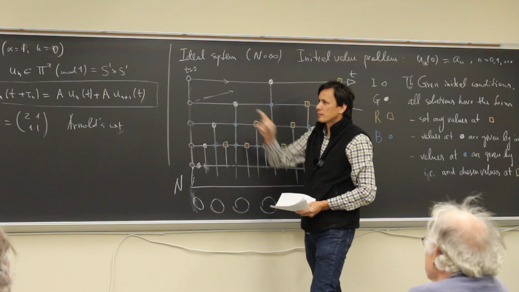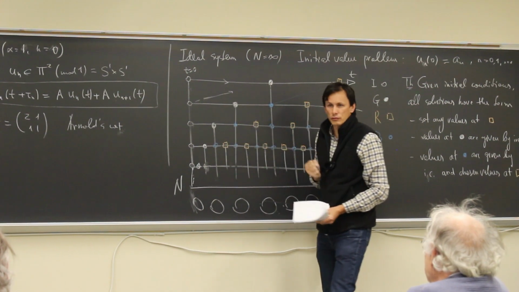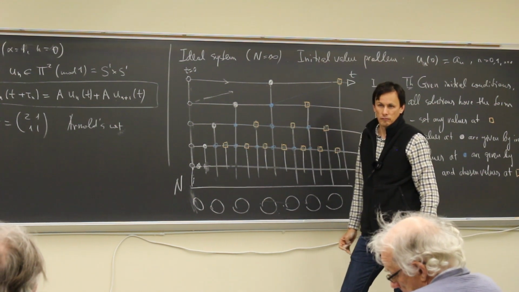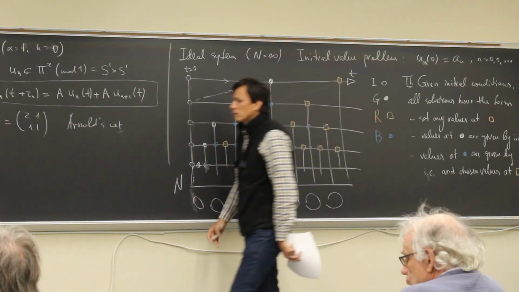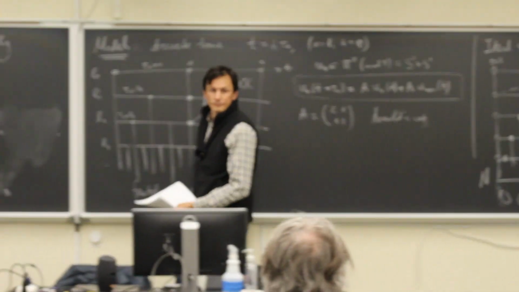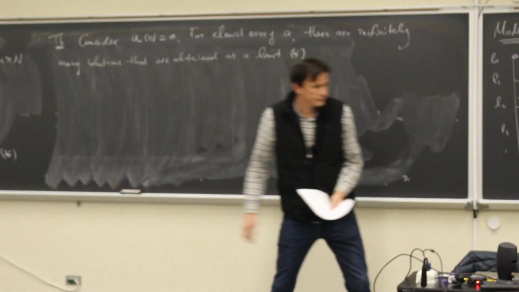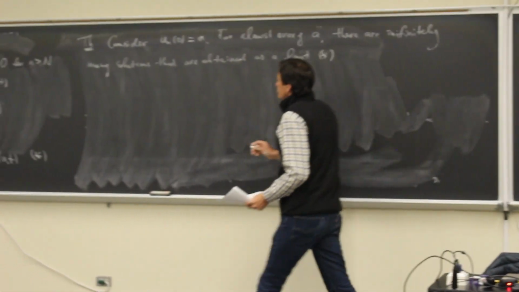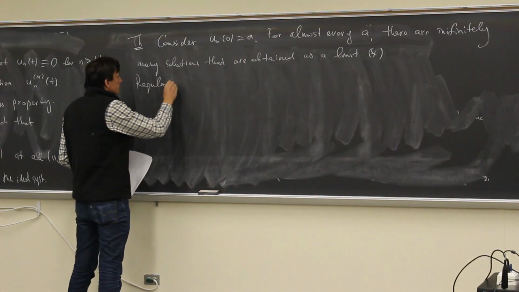The next statement tells you that this way does not select unique solutions. You are guaranteed to still have infinitely many. So it means the strategy doesn't work. Let's write it down. So your hypothesis is non-unique. Yeah, you're still non-unique.